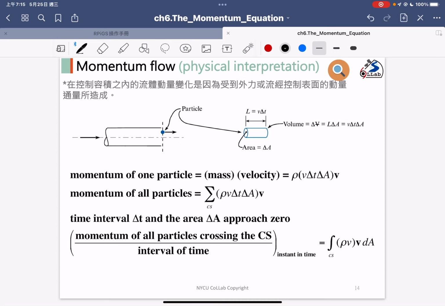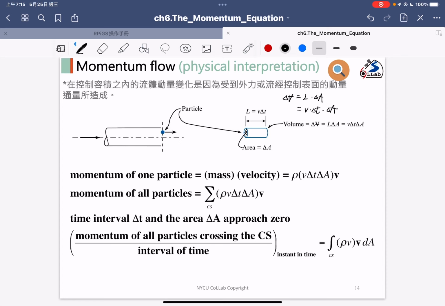So we have the volume change delta V equal to the travel length L multiplied by delta A. Delta A is the area of the pipe, and the travel length L equals the travel velocity multiplied by the time interval.